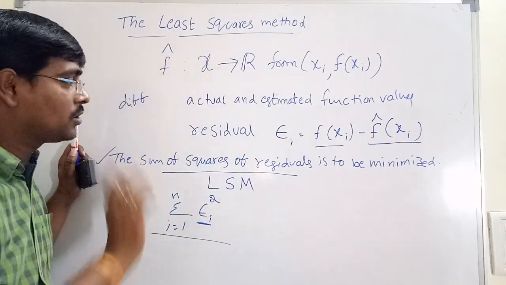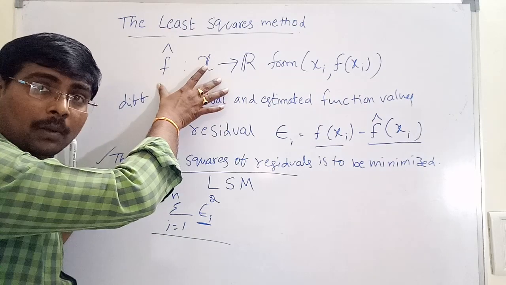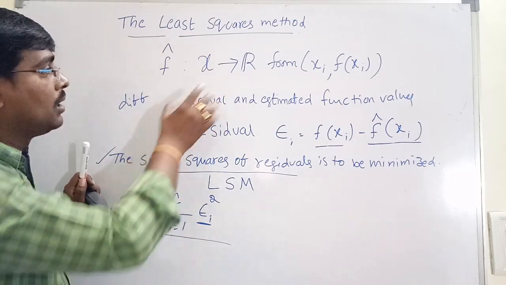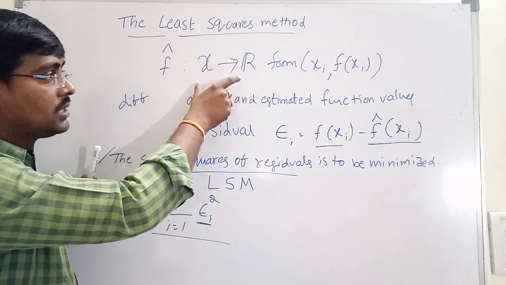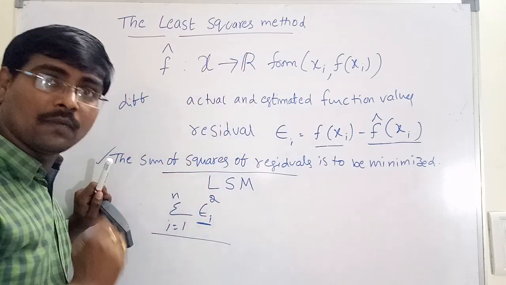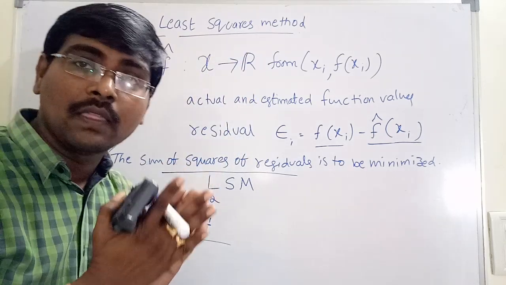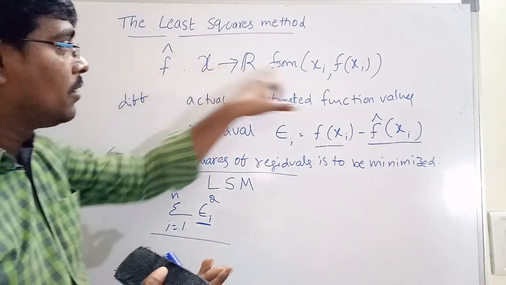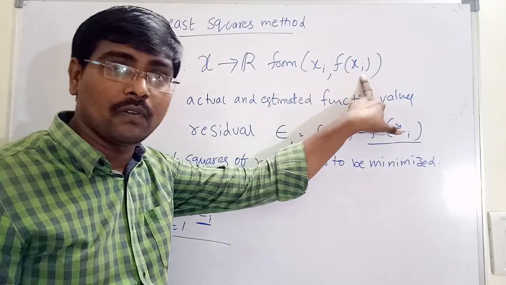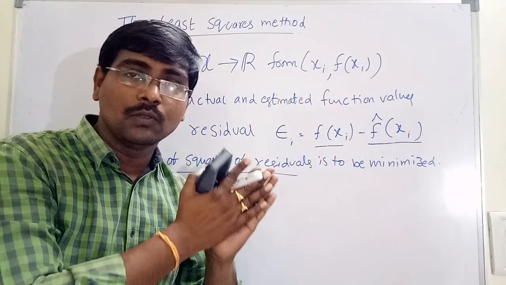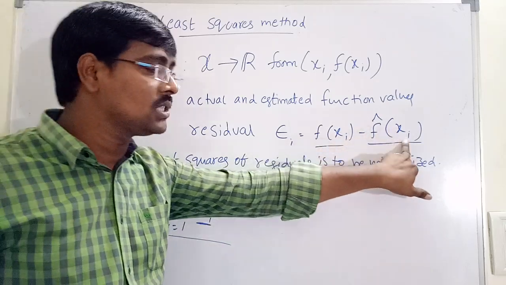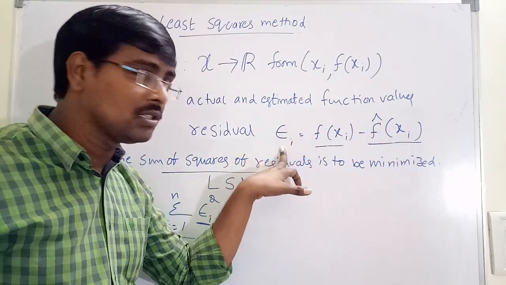In the least square method, first we have to write the regression problem. Remember, in points format it is very easy to write. The regression problem is to estimate some function value, that is the function estimator f cap from the examples xi comma f of xi. In regression we have original values and estimated values. This is the original value, this is the estimated value, and this is called residual.